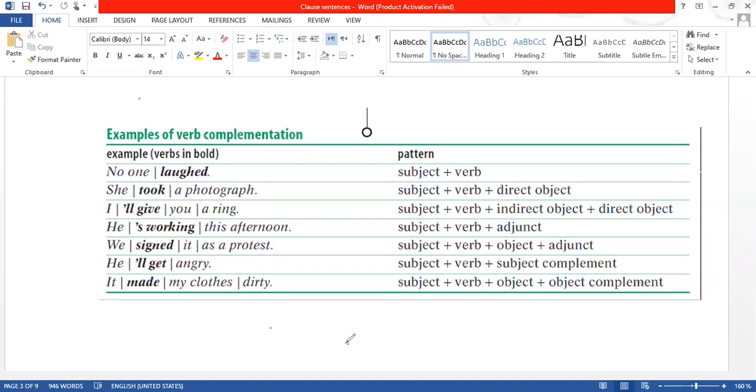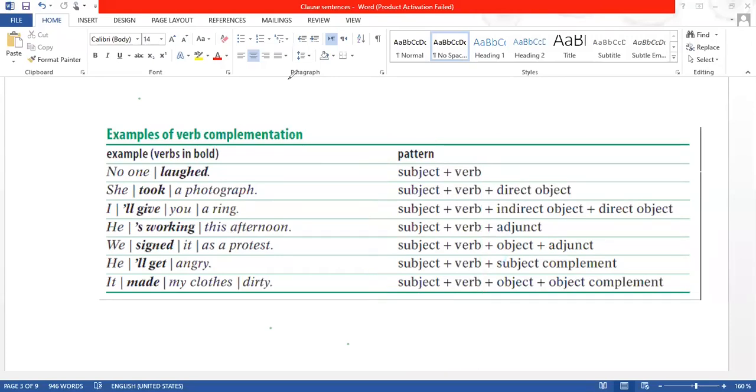Remember, it's okay for now if you cannot identify what is a direct object or an indirect object. You will do that later on. You should identify two very important things: the subject and the verb.